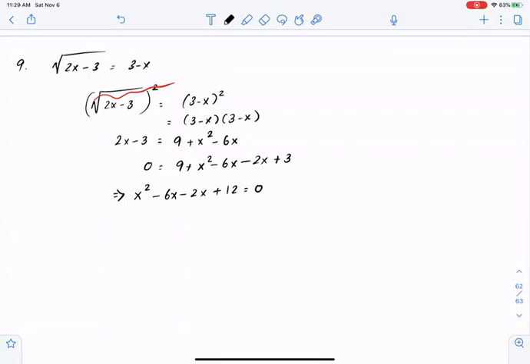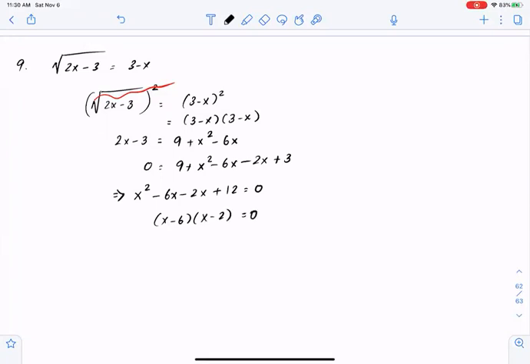And I'm not going to combine the middle two terms because just by looking at it, I know that we have the factors that we need. The factors in this case are simply x minus 6 and x minus 2.